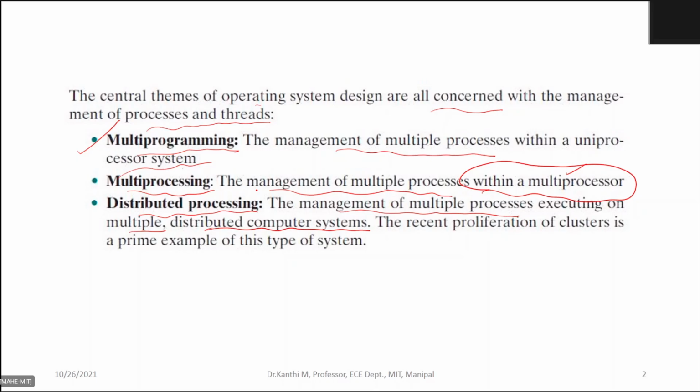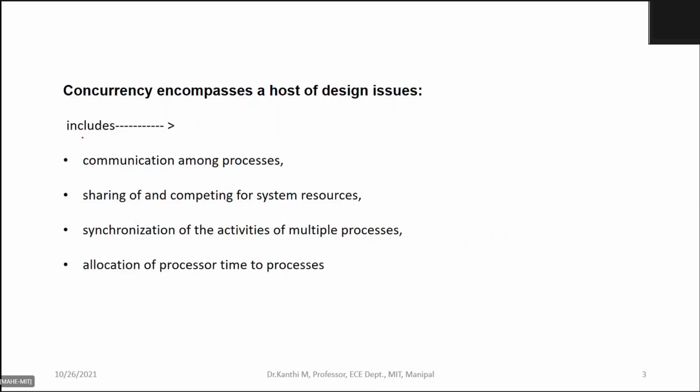There are certain design issues for addressing concurrency, which include how you communicate among processes, and sharing and competing for system resources. Each process is in need of resources. It could be anything like memory or any IO. How are the various resources handled?